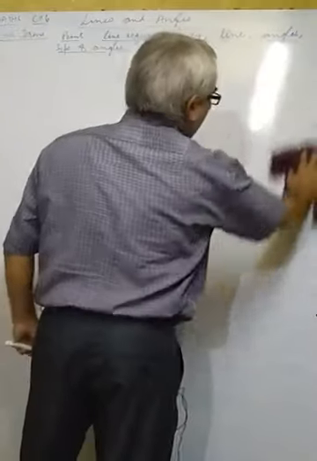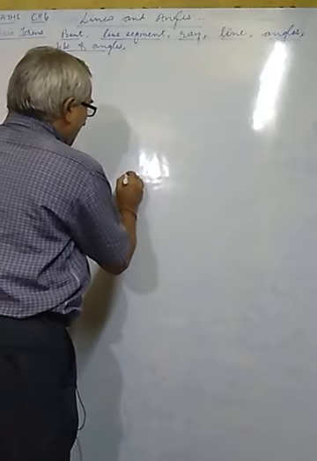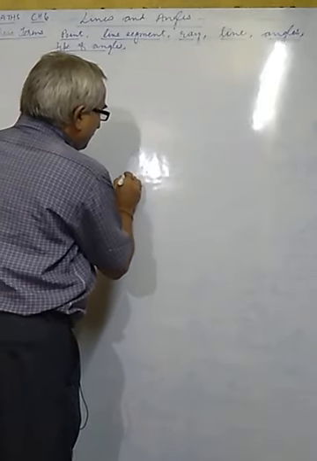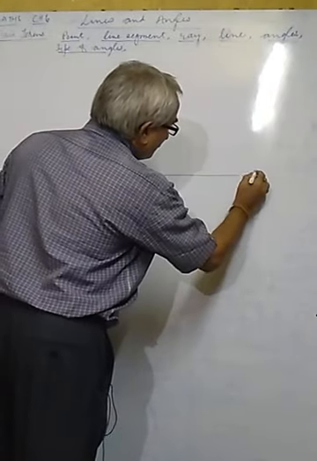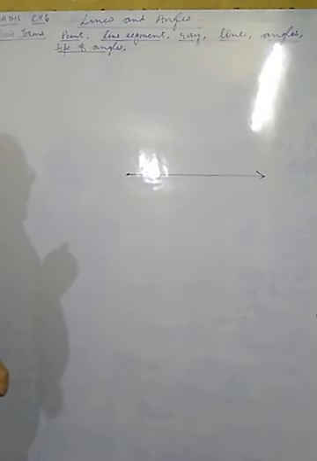Suppose a ray is going horizontally from the same source, and a ray is going vertically from the same source.